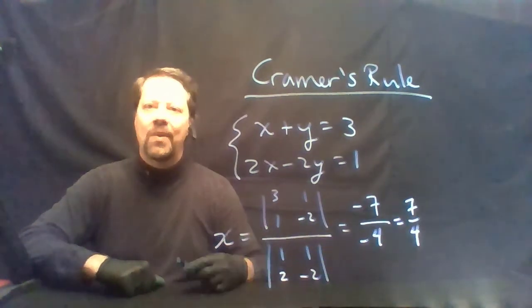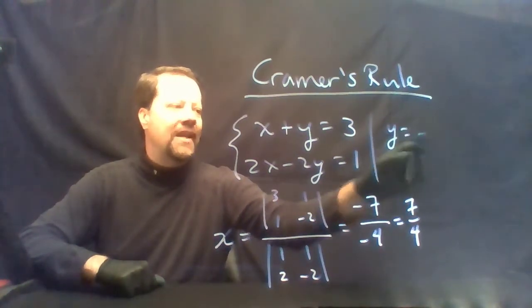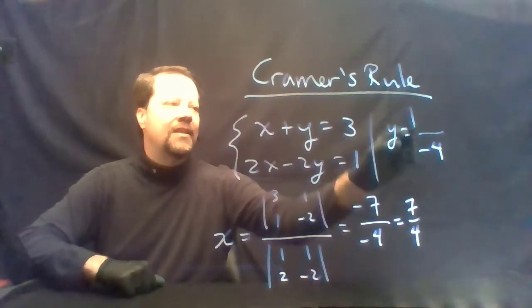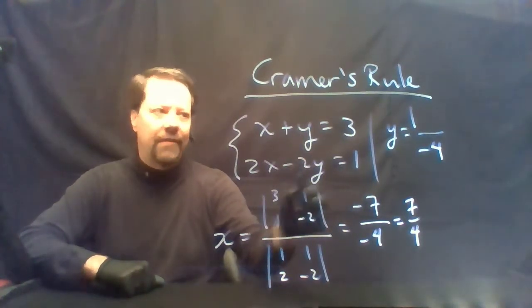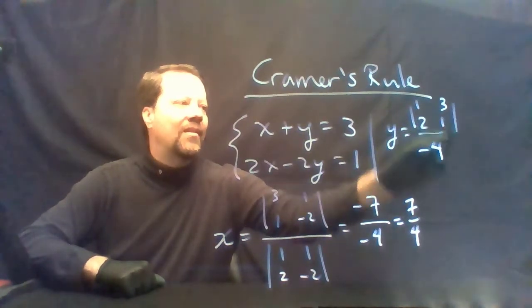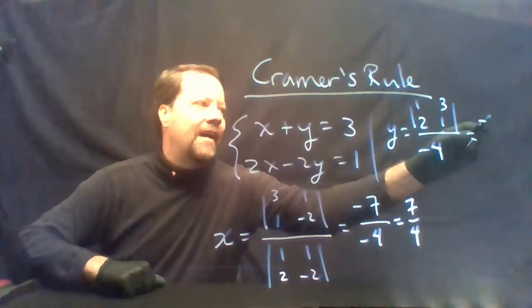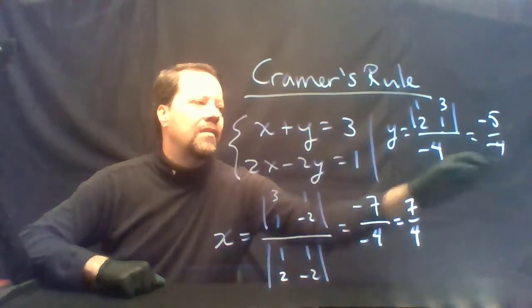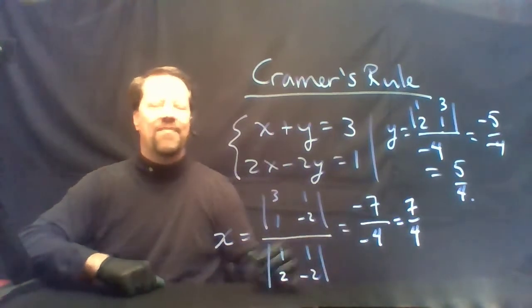So the x-coordinate of the solution is 7/4. The y-coordinate of the solution has the same denominator. The numerator will have the determinant with the y coefficients replaced by the right-hand sides. This gives us 1 minus 6 is negative 5. And so we have 5/4.